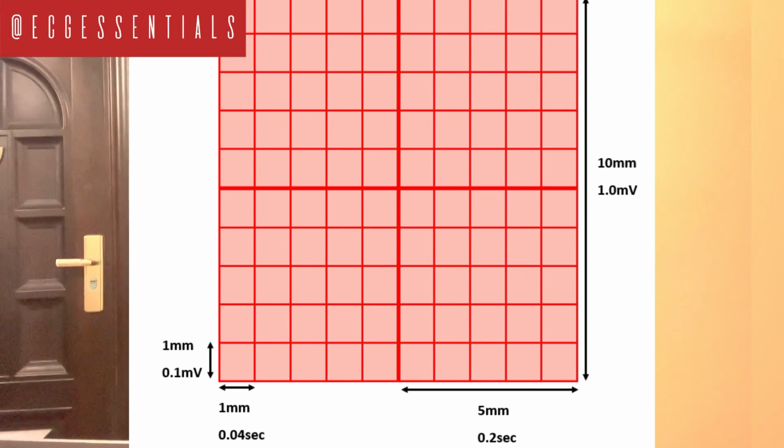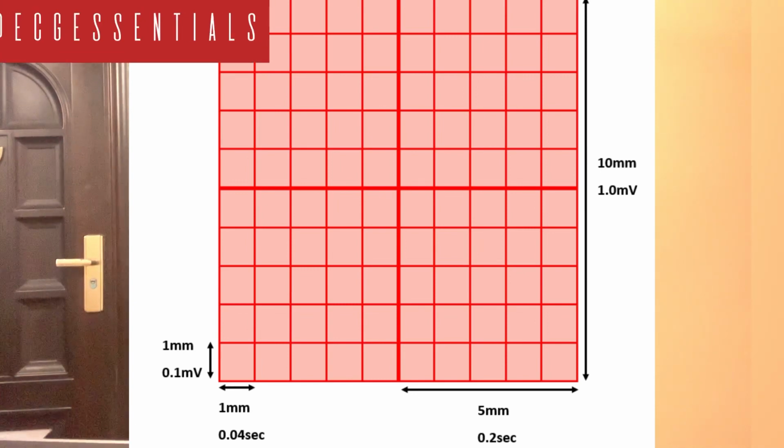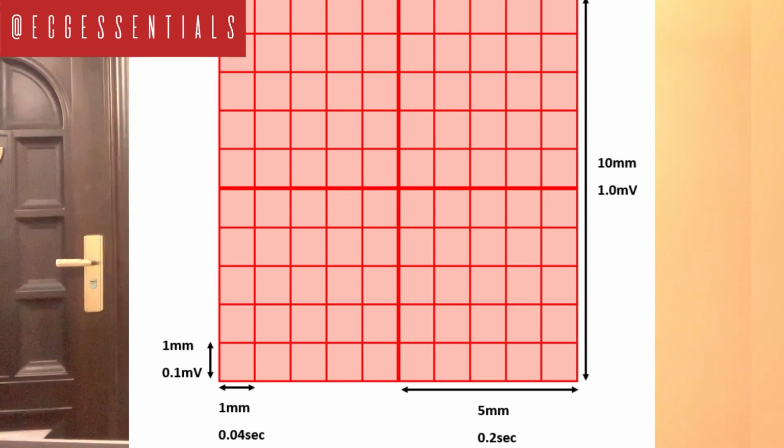The thin lines create small squares that measure 1 millimeter by 1 millimeter, whereas the thicker or darker lines create circumscribed larger squares measuring 5 millimeters by 5 millimeters. We notice that there are 5 small boxes that make up one large square, and so we arrived at 5 millimeters by 5 millimeters just by multiplying the 1 millimeter by the 5.